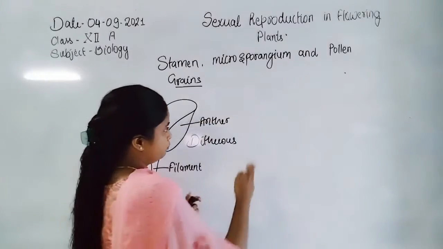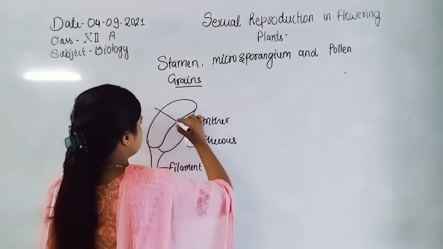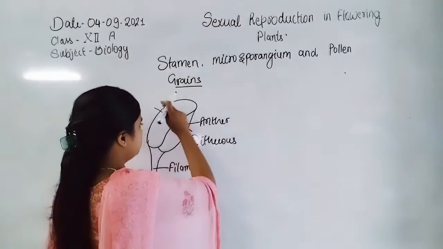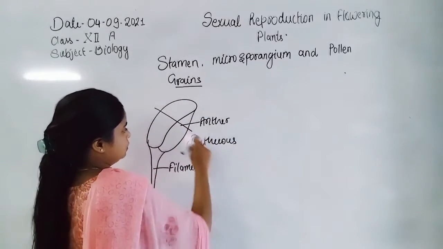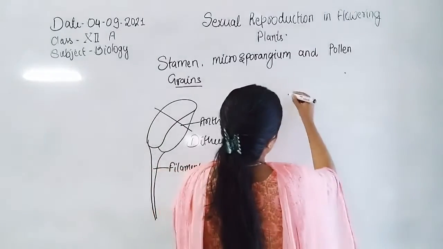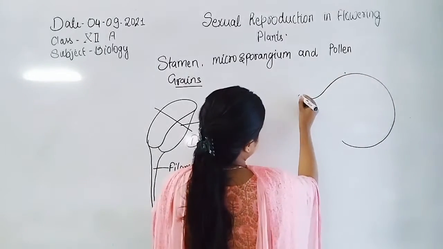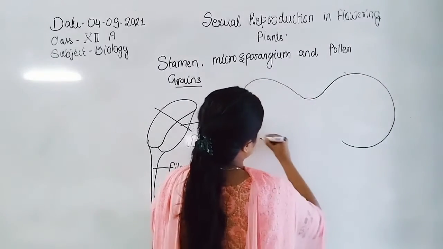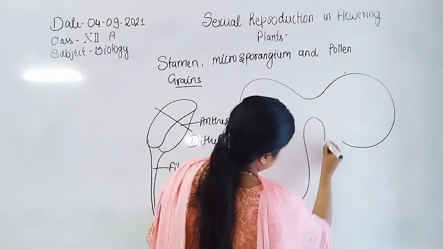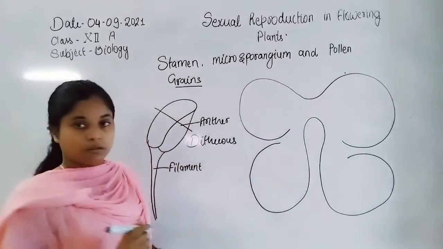So if I cut the dithecous anther transversely, what do we observe? We observe the 4 wall layers.